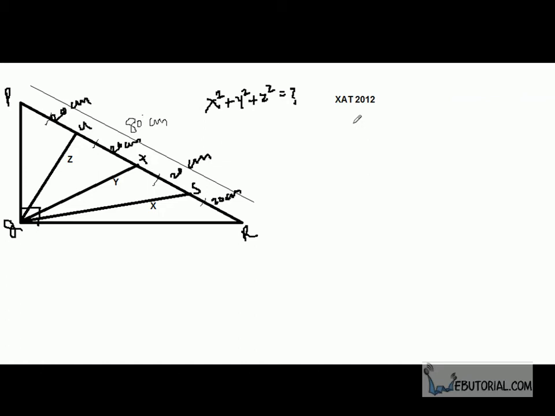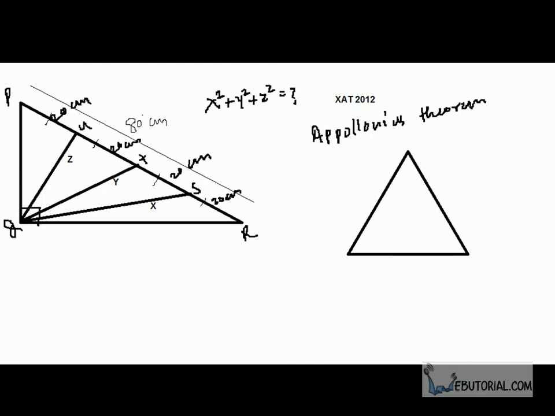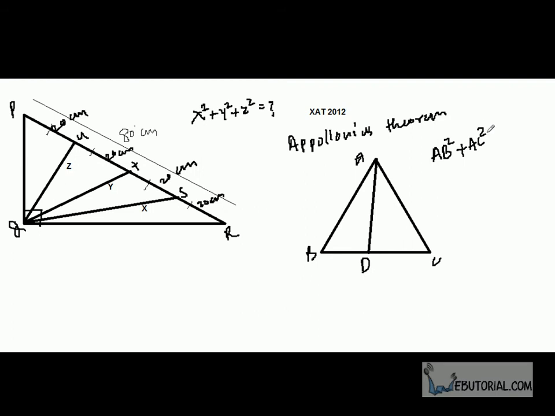To solve it in the traditional geometrical way, using the geometrical concept that we have dealt with heavily in our video lectures, is something called Apollonius theorem, which says that given a triangle ABC and the median AD, AB square plus AC square is equal to twice of BD square plus twice of AD square. Keeping that in mind, we'll solve this problem.